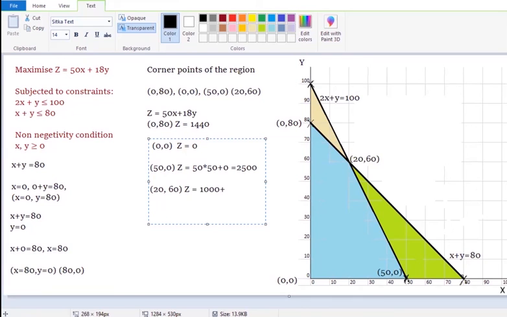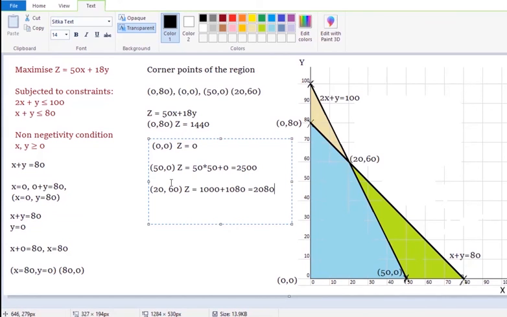It is 1080. Plus 1080. So what is it equal to? It is equal to 2080. Okay. So now we have got the value of the objective function for the 4 corner points.